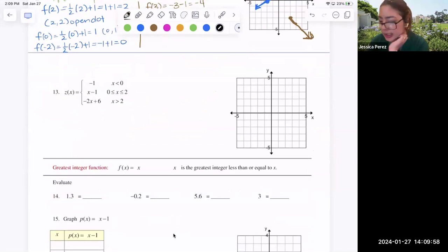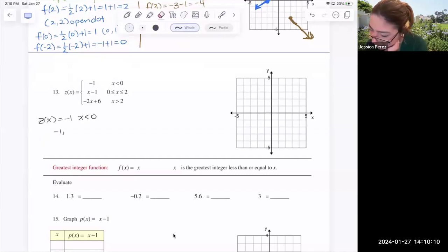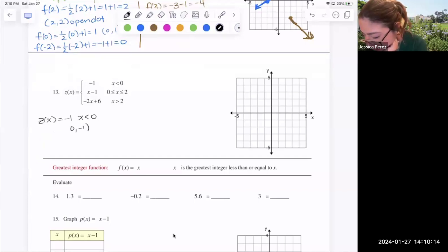So the first thing we're going to see is z of x is equal to -1 when x is less than 0. So the y value is -1 and the x value is 0, so at 0, -1, I'm going to have an open circle. And everything to the left is still -1.